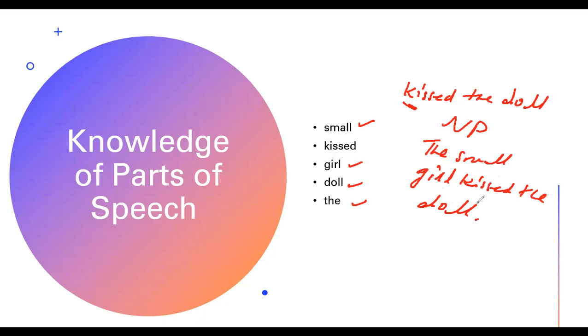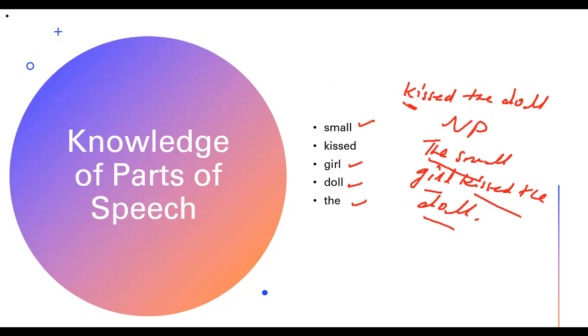Now, this is meaningful, of course. It's a sentence. And if we use our knowledge of a sentence, we know that the small girl is the subject and kissed the doll is the predicate.